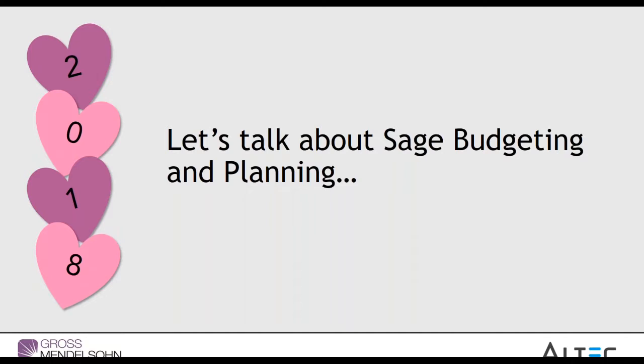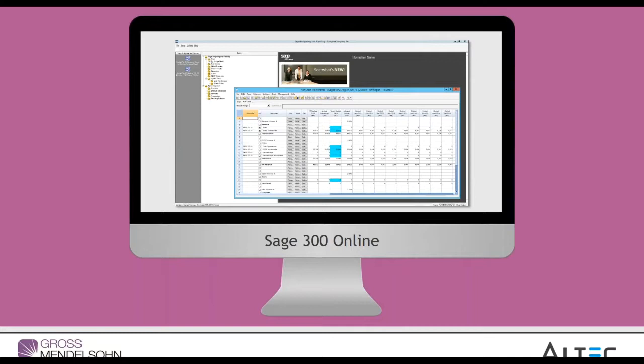Okay, here we go. All right, so one of the modules coming out, I think it might be in just a few months, is Sage Budgeting and Planning. This is a nice one. There's been a third-party tool out for a number of years, but this is the first budgeting and planning module that's going to be built into Sage.